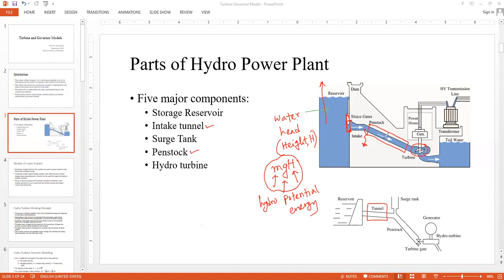Okay, it will be stagnant. On the other hand, if you slowly open this, then due to gravity, the stored potential energy over here, mgh, would be converted into some sort of flowing energy. That is the kinetic energy. So you can call it half mv squared.